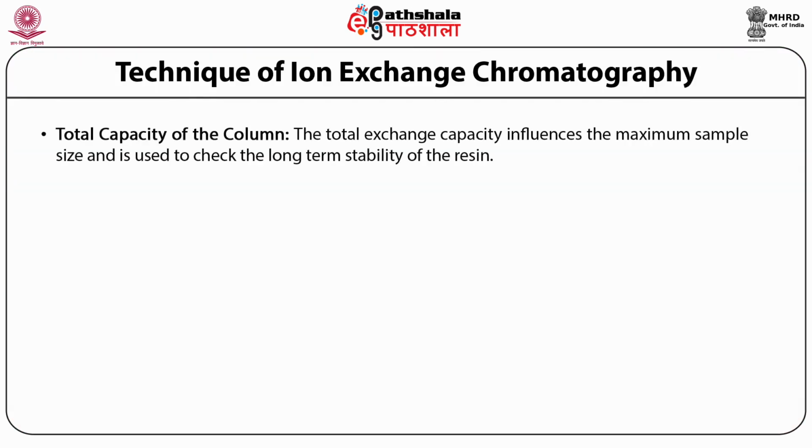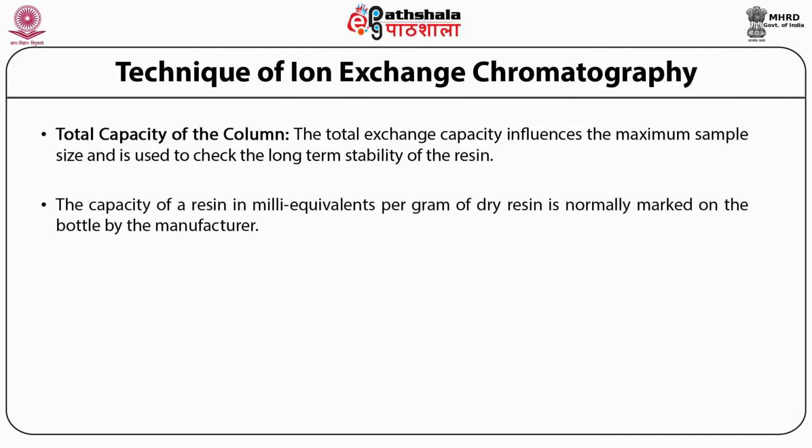Total capacity of the column. A very important parameter is the total exchange capacity of the column, which influences the maximum sample size and is used to check the long-term stability of the resin. The capacity of a resin in milliequivalents per gram of dry resin is normally marked on the bottle by the manufacturer.